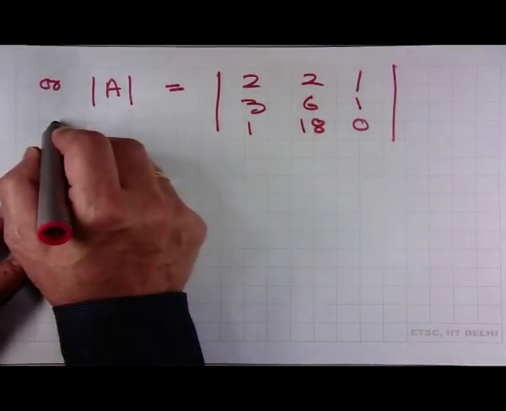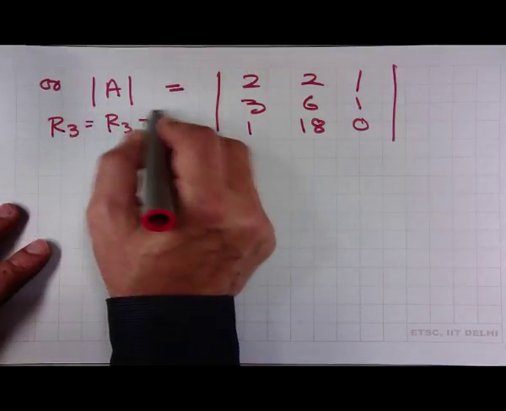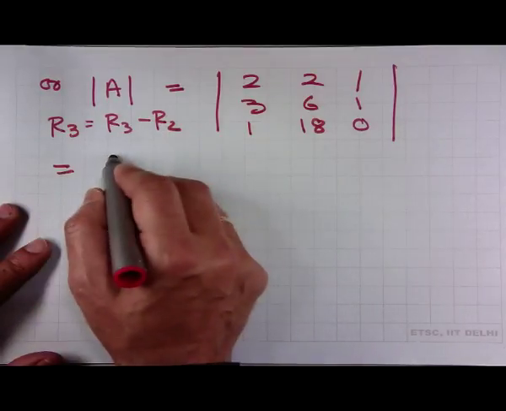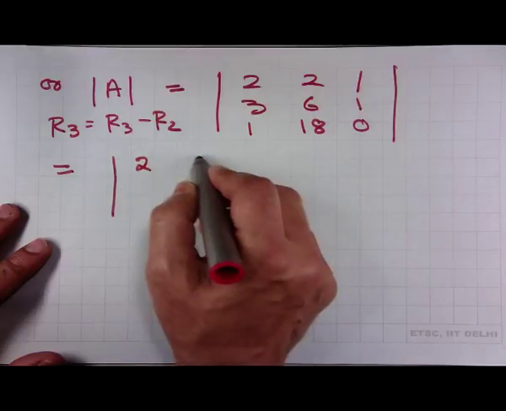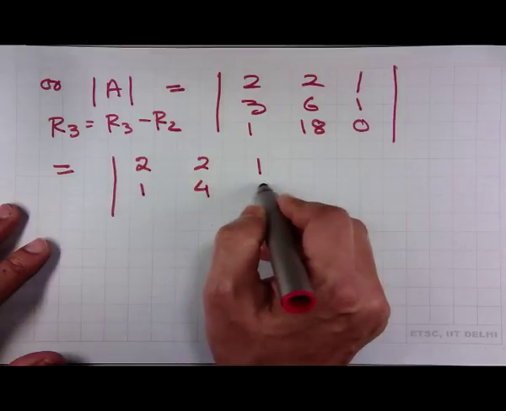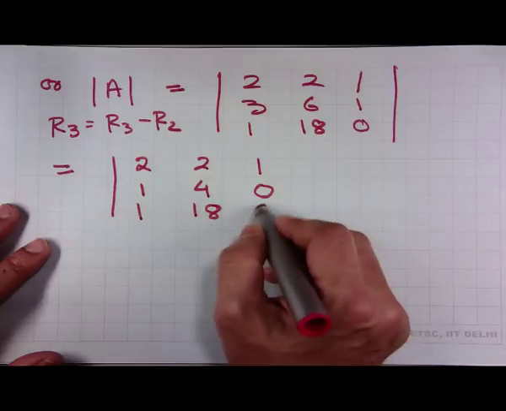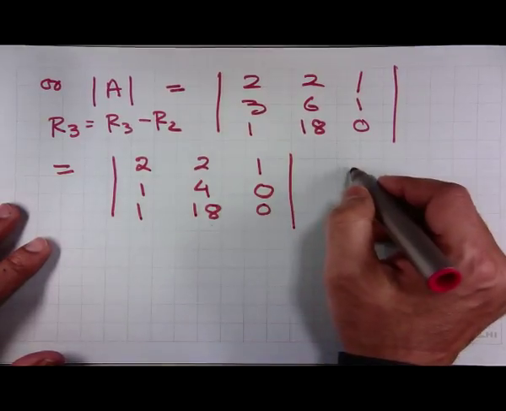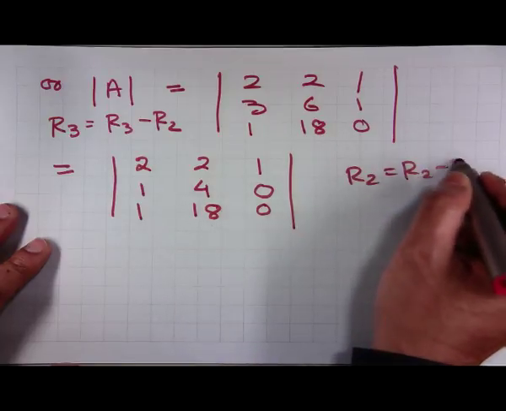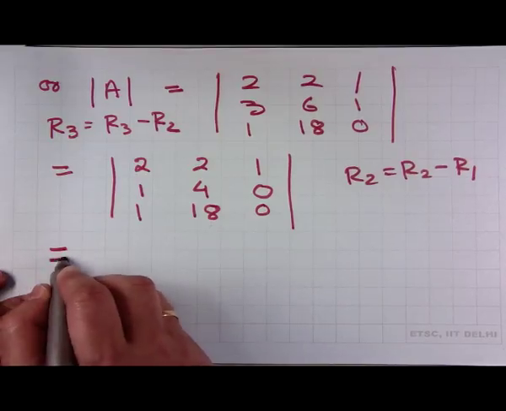This we get by making R3 equal to R3 minus R2. That is equal to the determinant of 2, 2, 1; 1, 4, 0; 1, 18, 0, and this we get by making R2 equal to R2 minus R1.